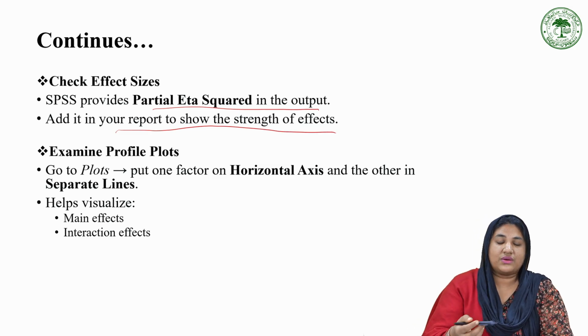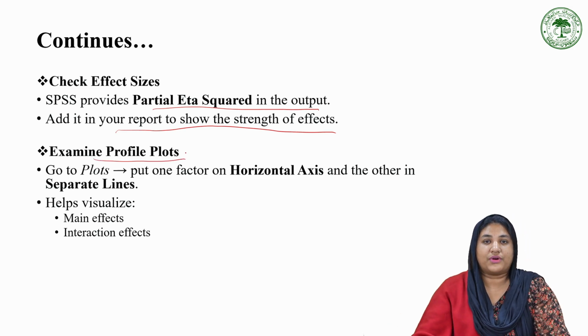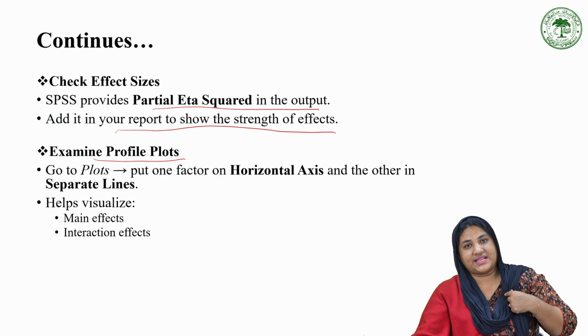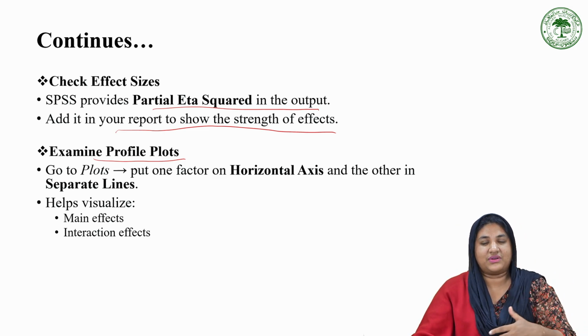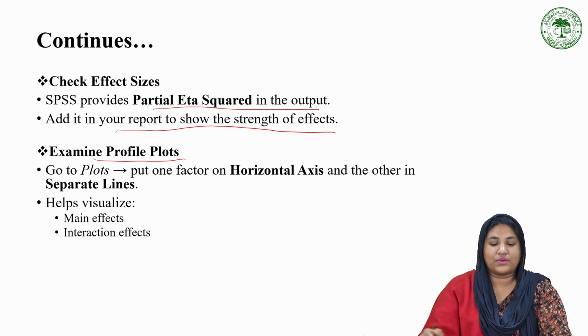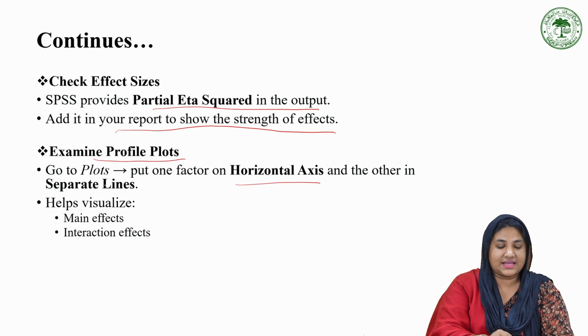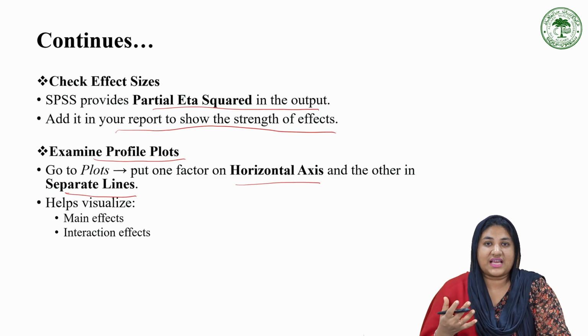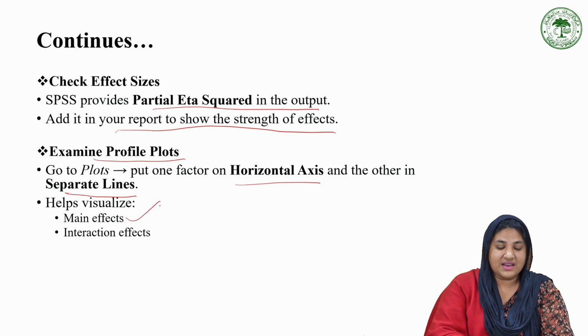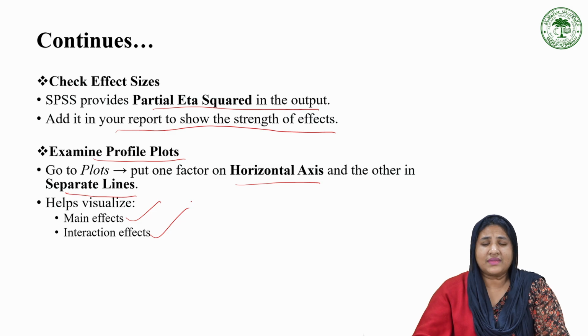Apart from that, you can also examine the profile plots, which we have done right over here. You can go to the plots, where there will be a horizontal axis and separate lines. Once you get the plot, it helps us to visualize the main effects and also the interaction effect.